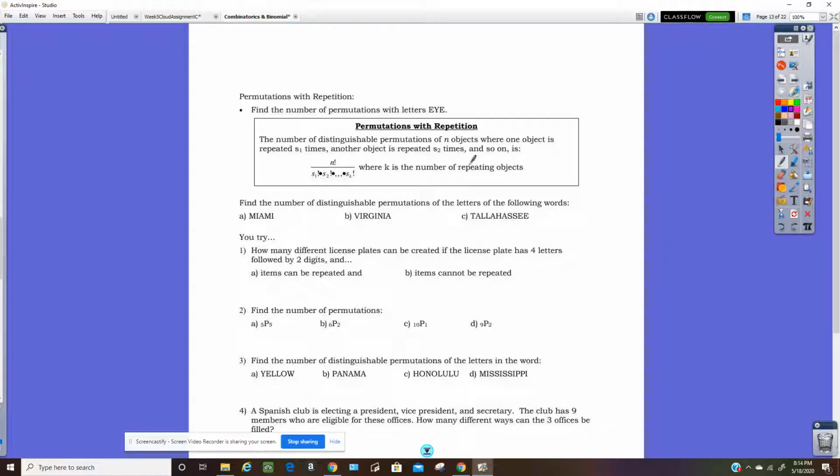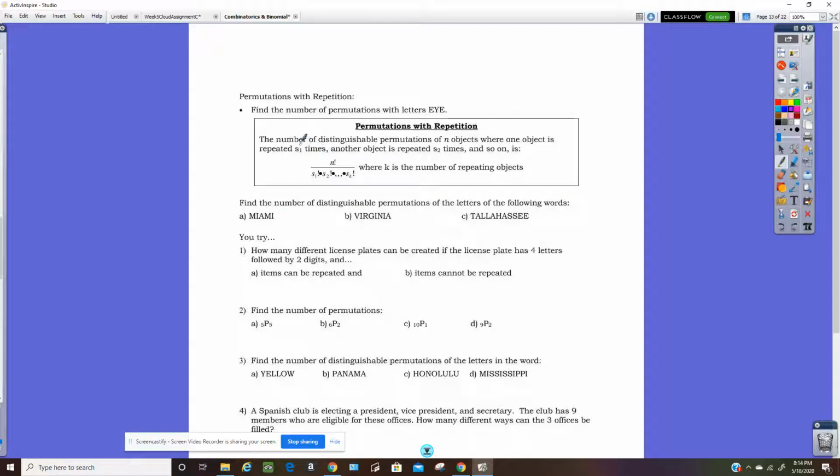All right, I wanted to go over this because if you have repetition, then you have to divide by the factorial of the repeated letters, in this example.